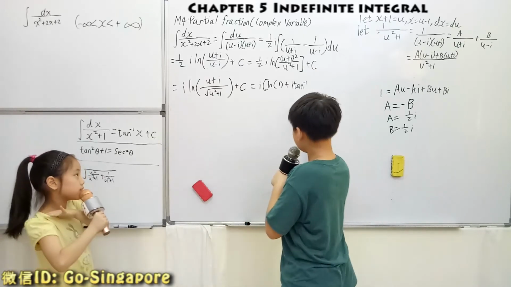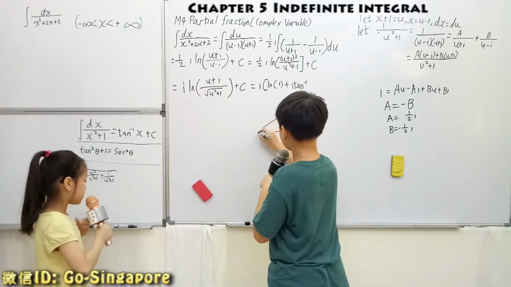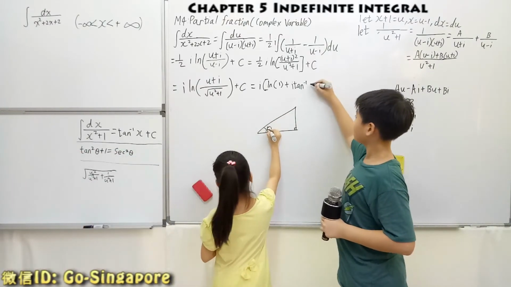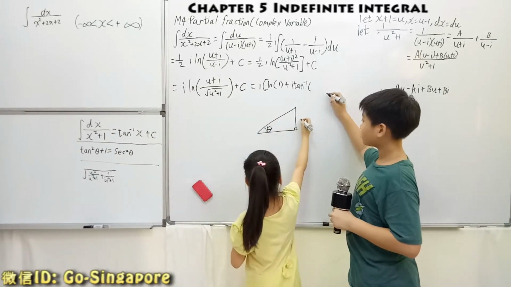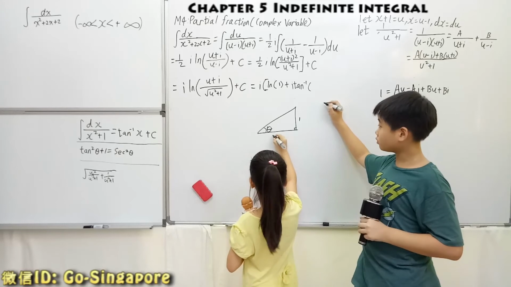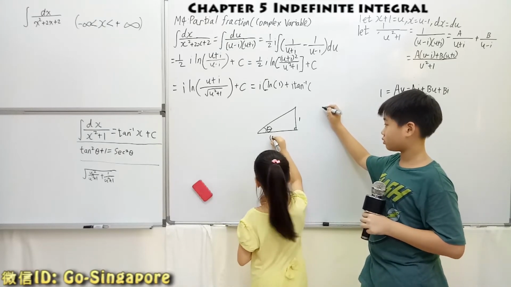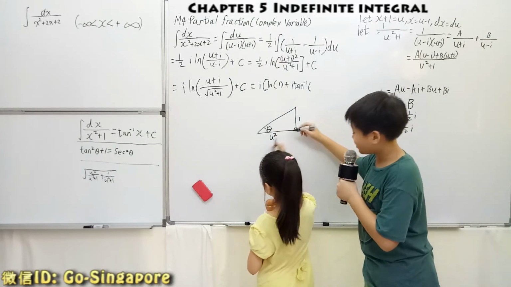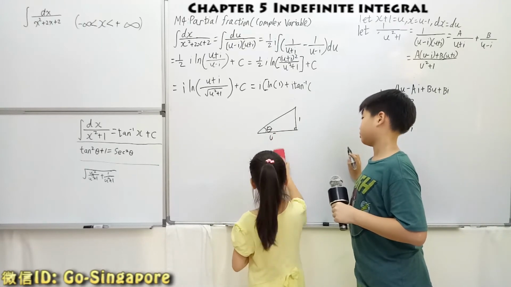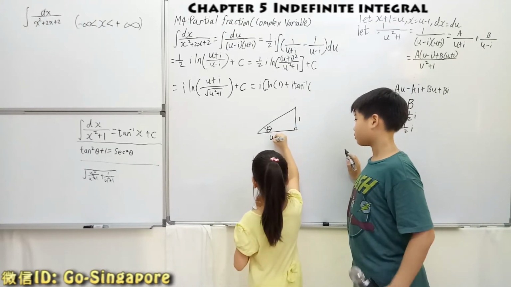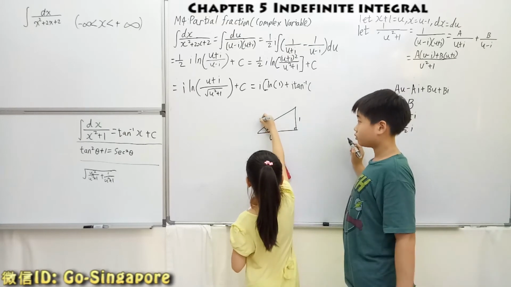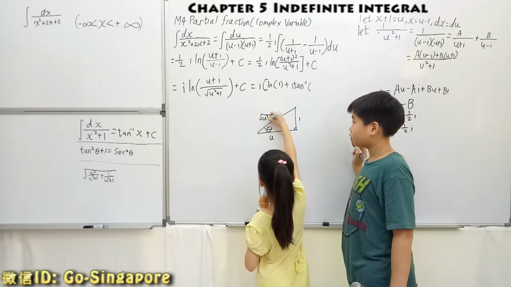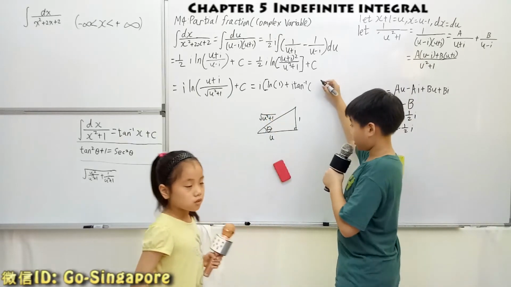Inverse tangent, right? Yes. So this triangle is definitely a right-angled triangle. Wait, this is a u, right? Then here is a... okay.